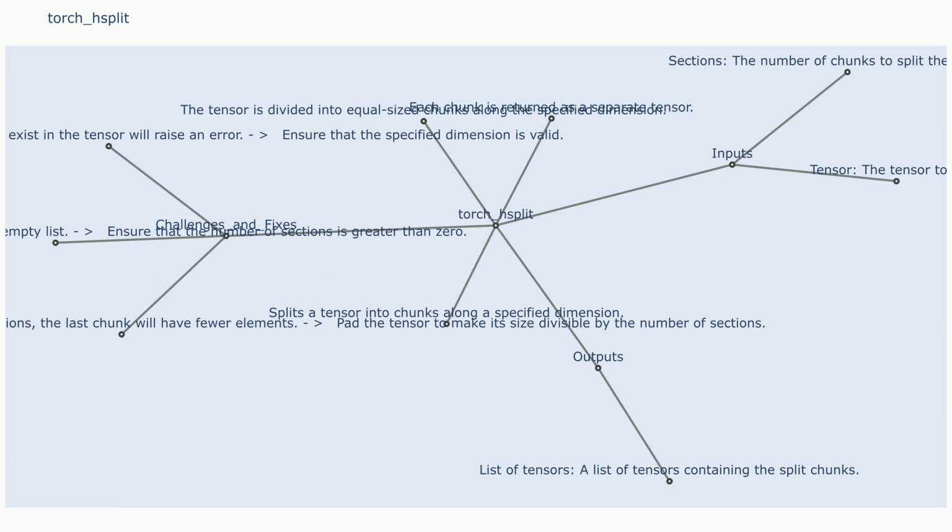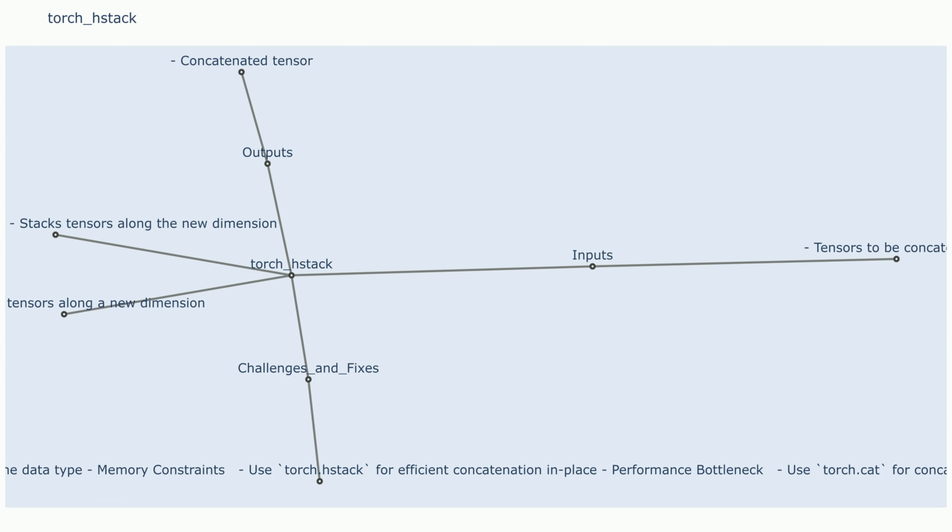Fixes to challenge 2. Check the sections parameter. Ensure that the sections parameter is a valid positive integer or a list of integers representing valid indices within the tensor's column range.